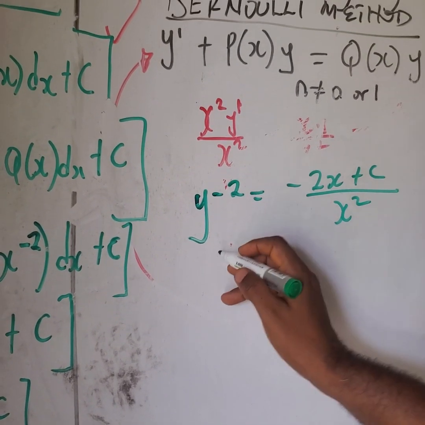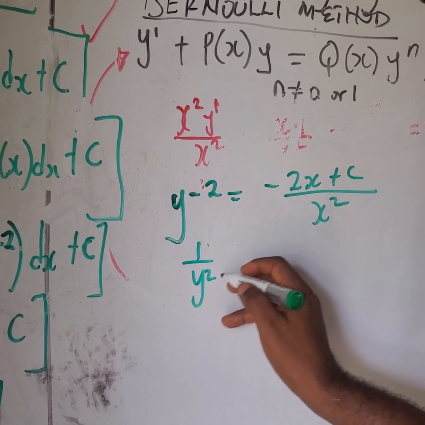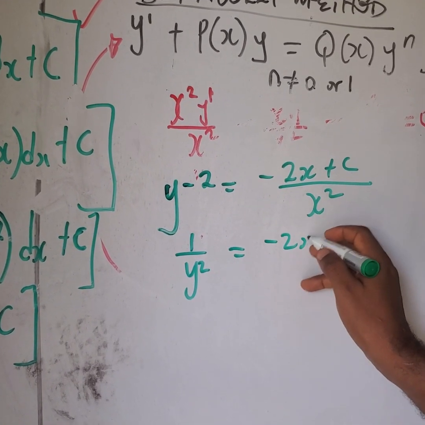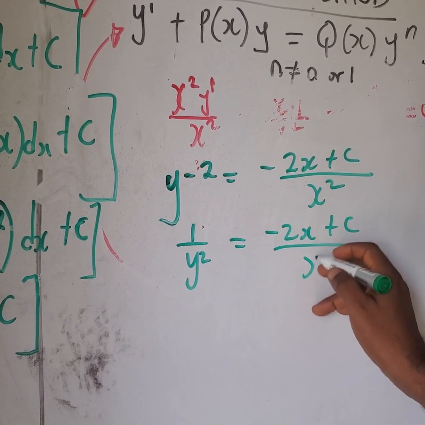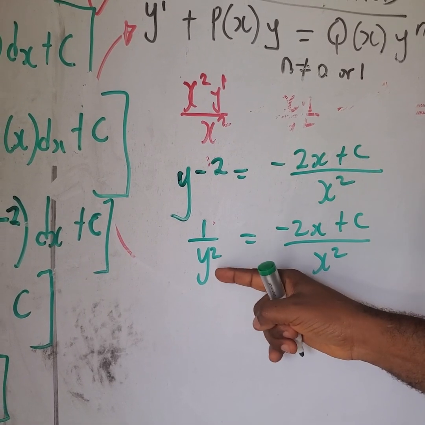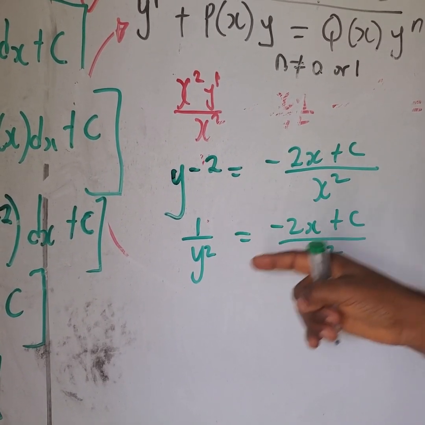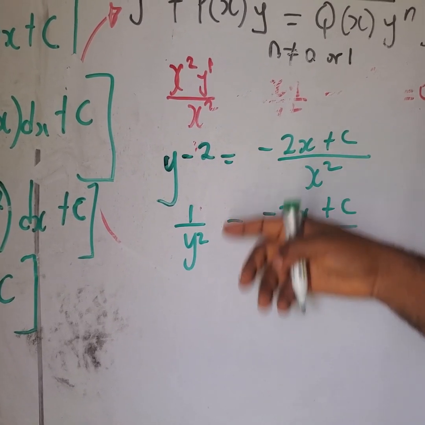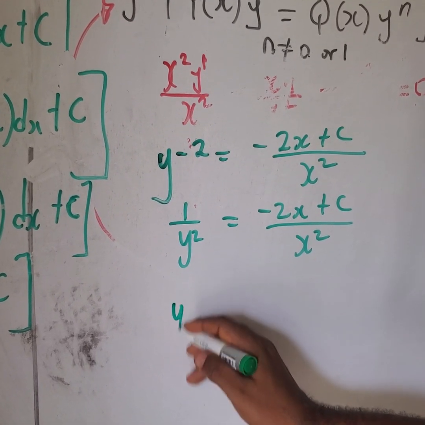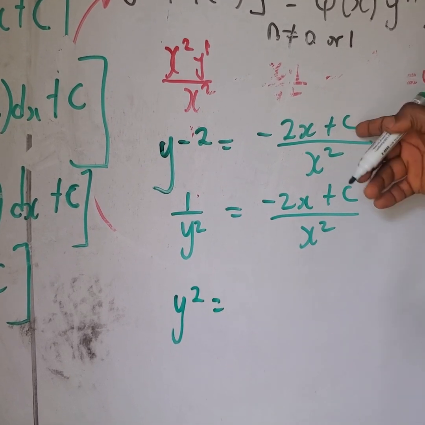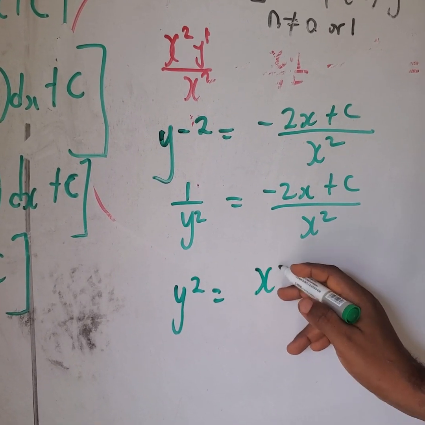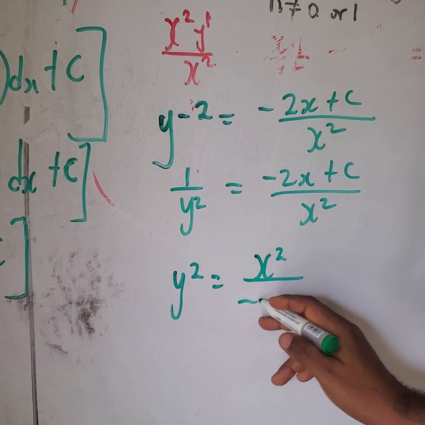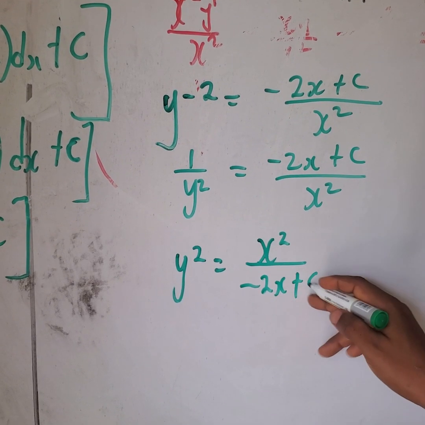This y raised to power minus 2 actually means 1 over y squared is equal to minus 2x plus c divided by x squared. Now I can take this y squared up. Anything I've done here, I can also do it here to balance my operation. So therefore, y raised to power 2 equals x raised to power 2 all over minus 2x plus c.